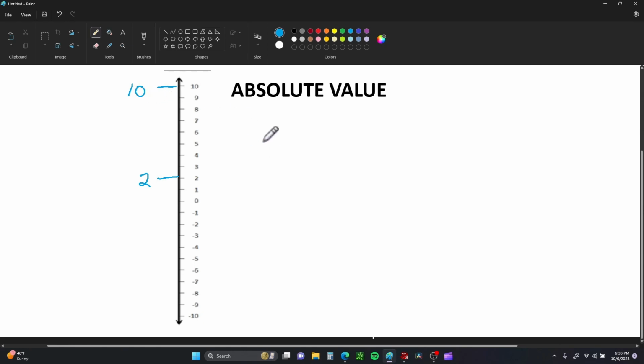I take the bigger number first, so the absolute value of 10 minus the absolute value of 2. So absolute value of 10 is 10 minus absolute value of 2 is 2. So there was an 8-degree difference. So looking from here, I went from 2 is 1, 2, 3, 4, 5, 6, 7, 8. So the temperature increased 8 degrees.